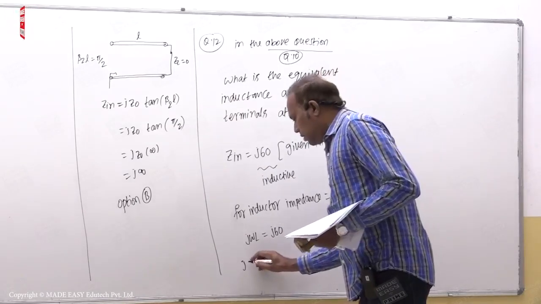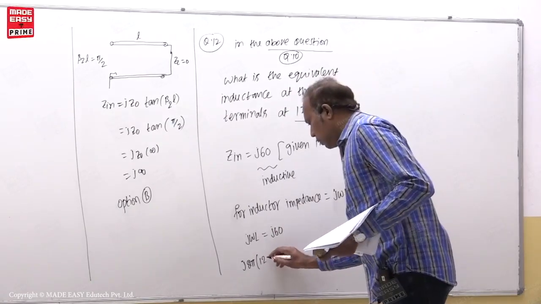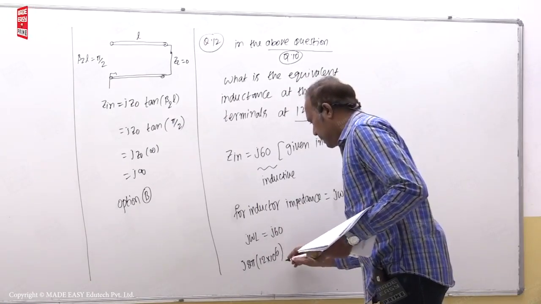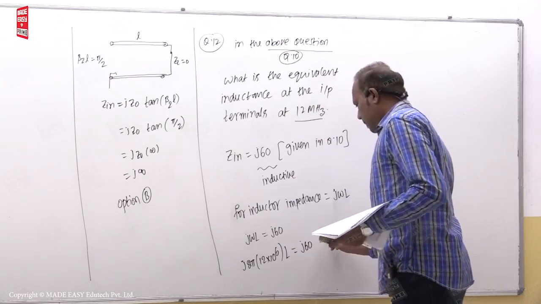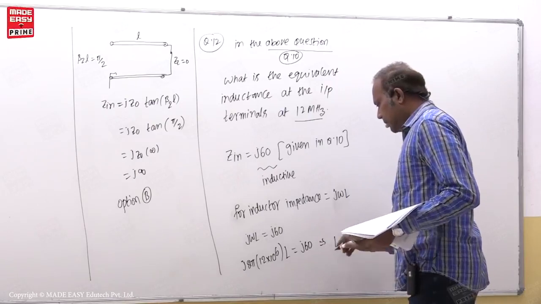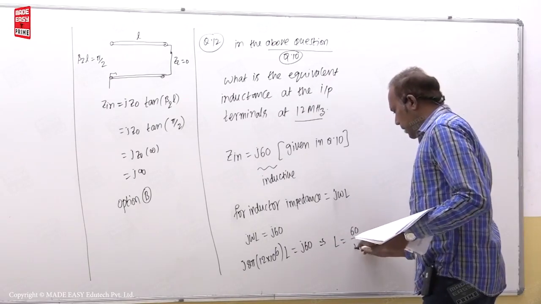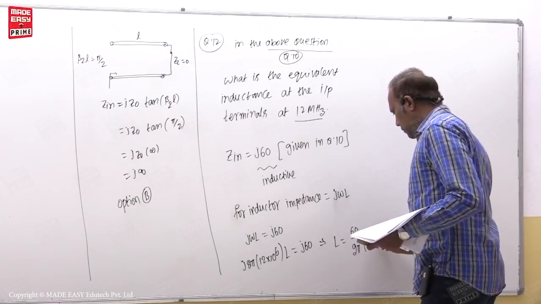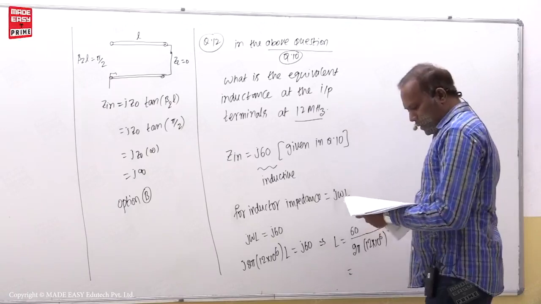Now j into 2 into π into frequency, 12 into 10 to the power 6, into inductance is equal to j60. From this, j cancels, and inductance is equal to 60 by 2 into π into 12 into 10 to the power 6 henry.